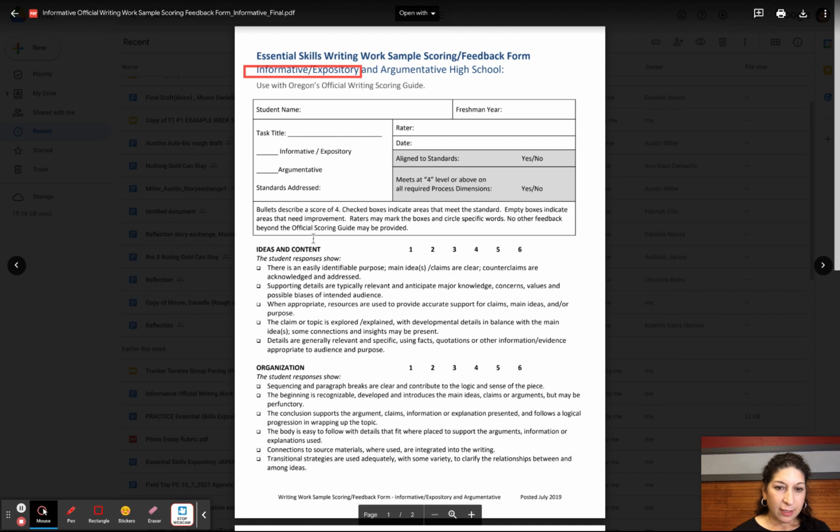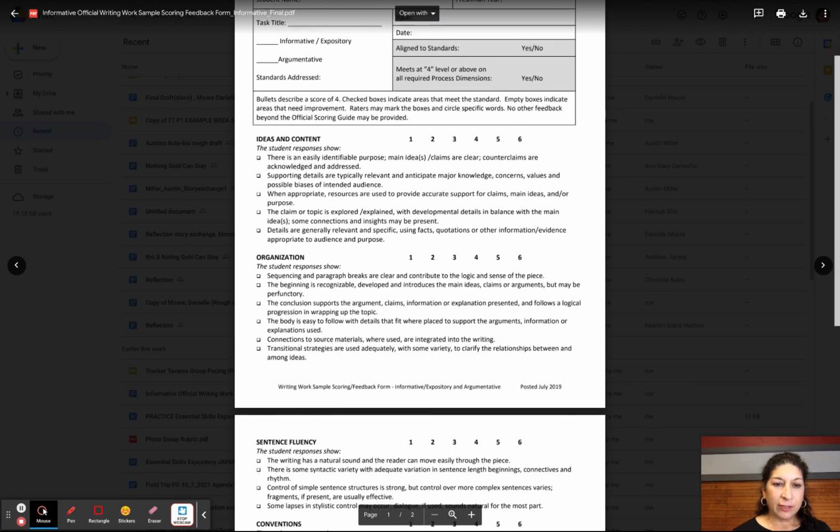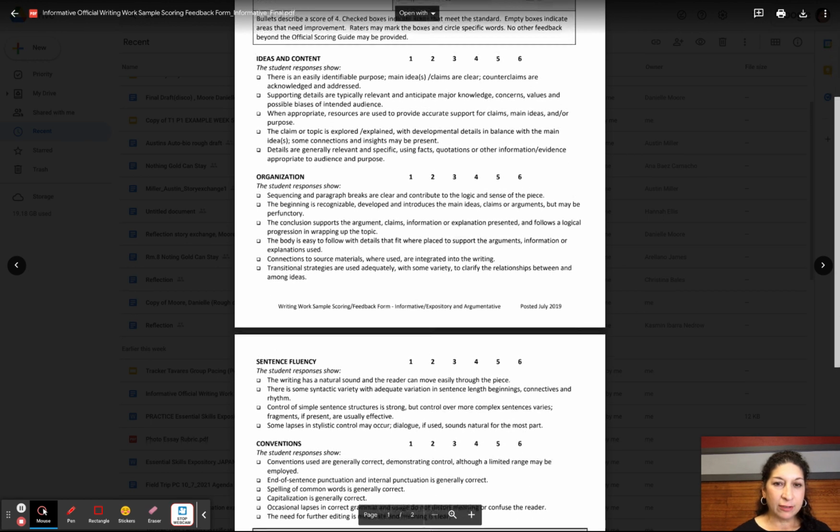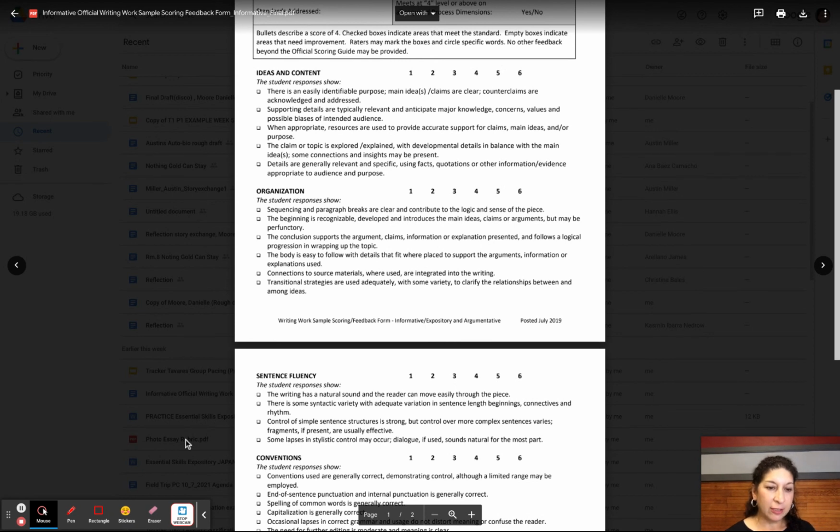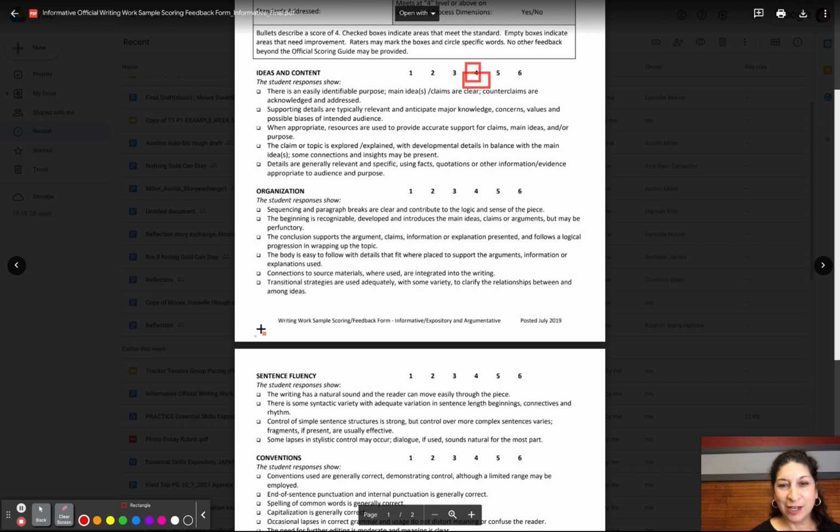These are standards set by the state of Oregon for language arts. So a passing score is a score of, ta-da, 4. Two squares around the 4. So each section needs a score of 4 or higher.